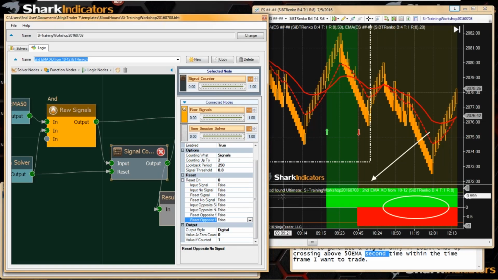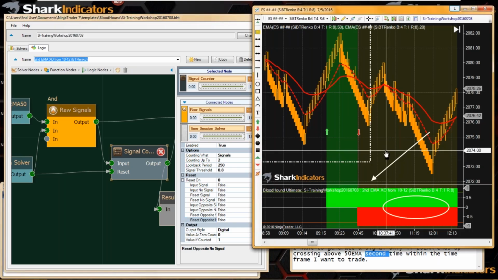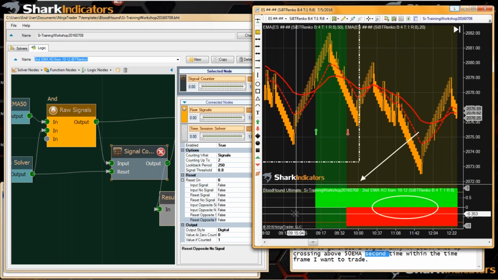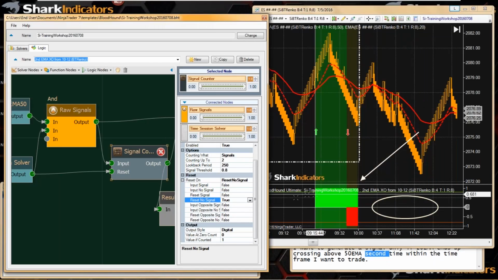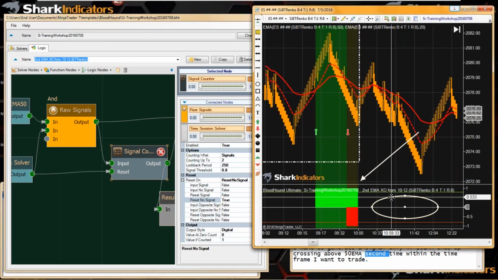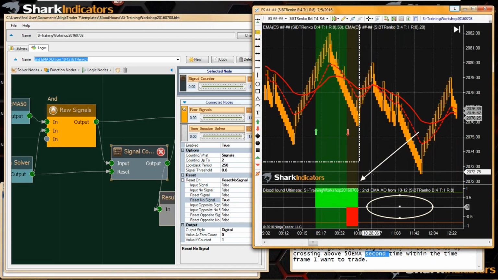And what I want is when there is no signal into this reset. So I'm going to find the reset, and there we go. There's the one that says reset, no signal. So I'm going to set that to true.